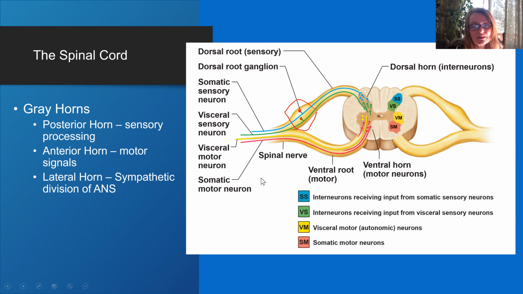So if you think about it this way, the spinal nerve is a two-way street. We have sensory information going towards your CNS and motor information going away from the CNS, but the roots are a one-way system. So the ventral root is only for motor and the dorsal root only for sensory signals, right?